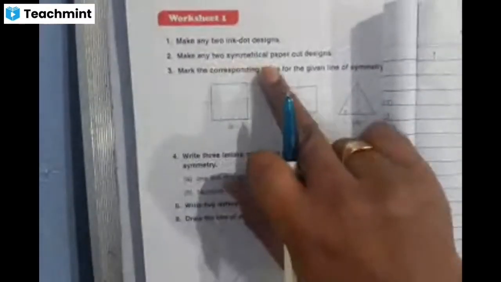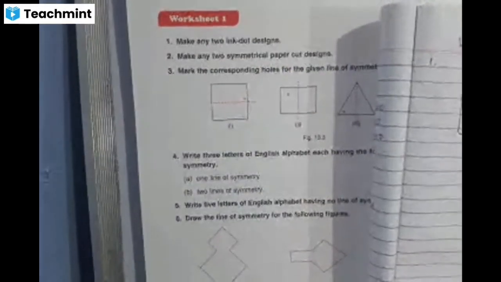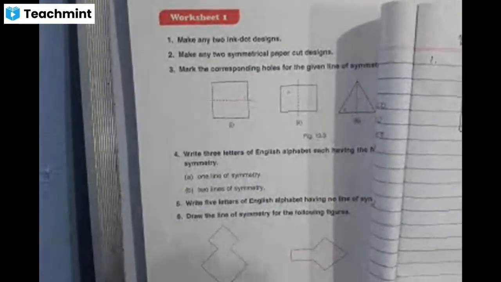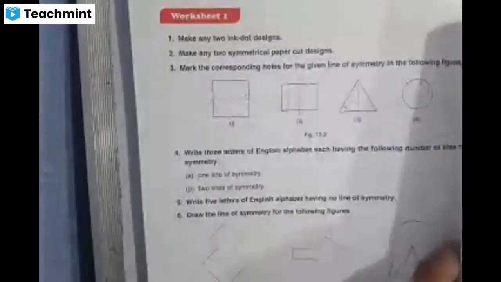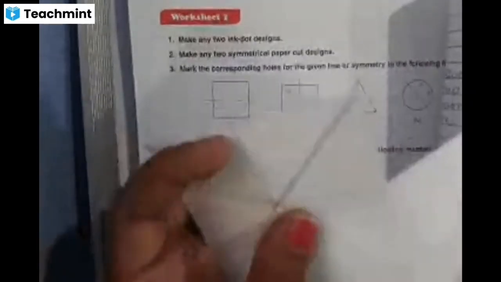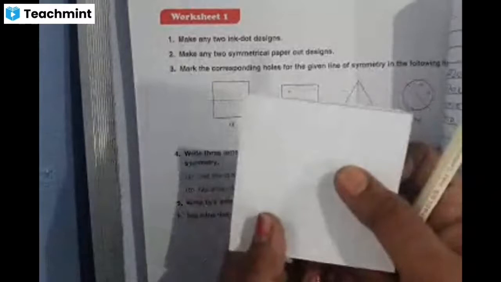Then we have make any two symmetrical paper cut designs. Paper cut designs in the sense it should be symmetrical, children. You can take a circle, triangle, rectangle, square. So here is a square, children. This is called a symmetrical paper cut design. Why?